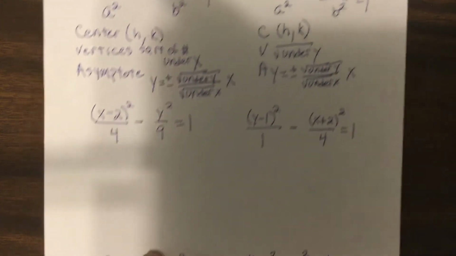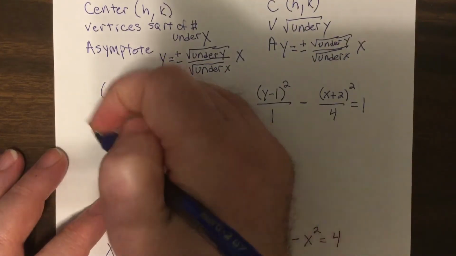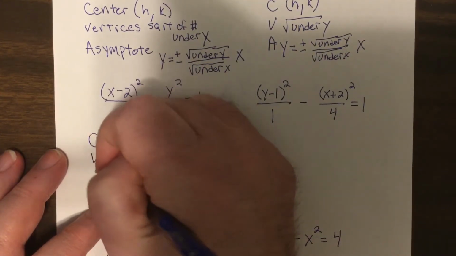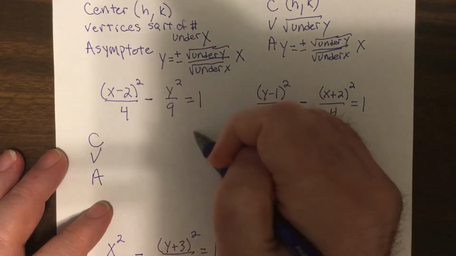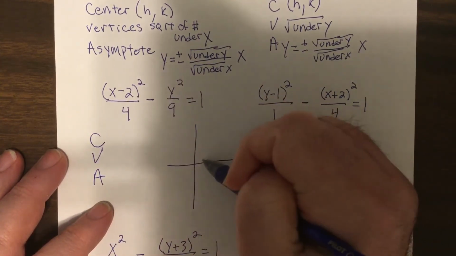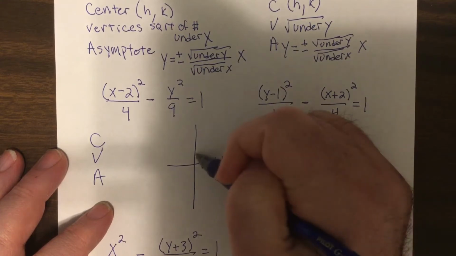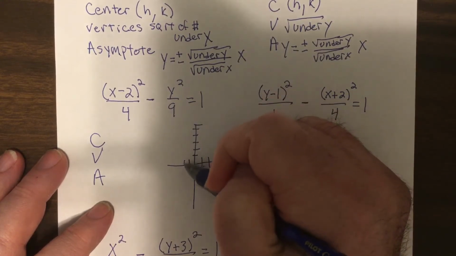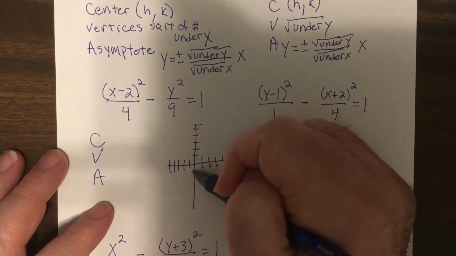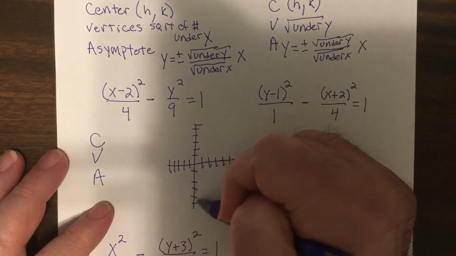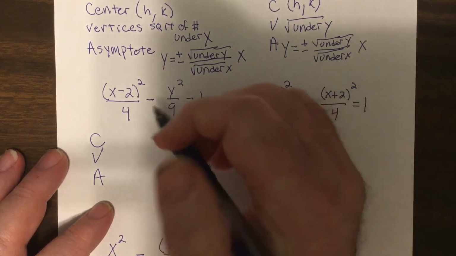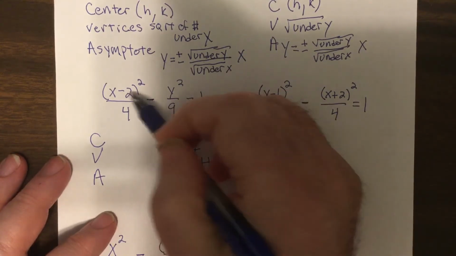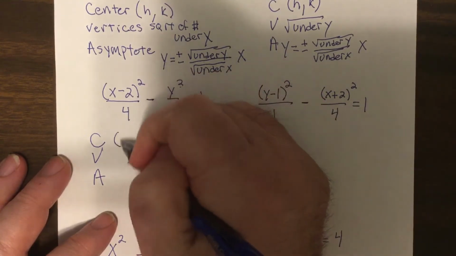Now let's see. What is my CVA? Now, an actual hyperbola, sorta, it's not, but it sorta looks like two parabolas that are back to back. But the center, 2, 0.